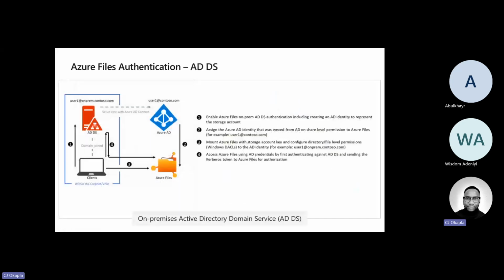So Azure Files authentication, Azure AD domain services. I don't know if you guys know about Azure AD domain services or heard about it. Yes, sir. So you can enable Azure Files on-prem Azure AD DS authentication, which comes with an Azure AD identity that represents the storage accounts.